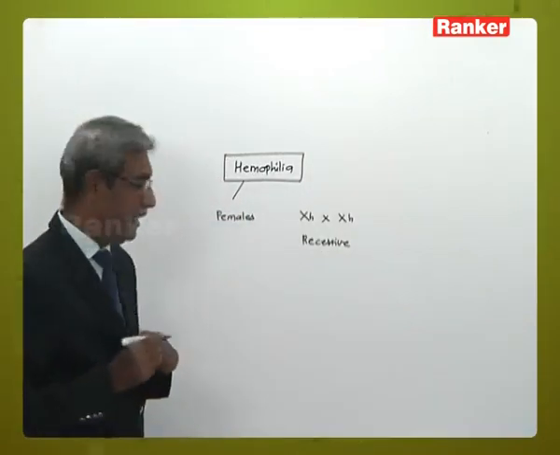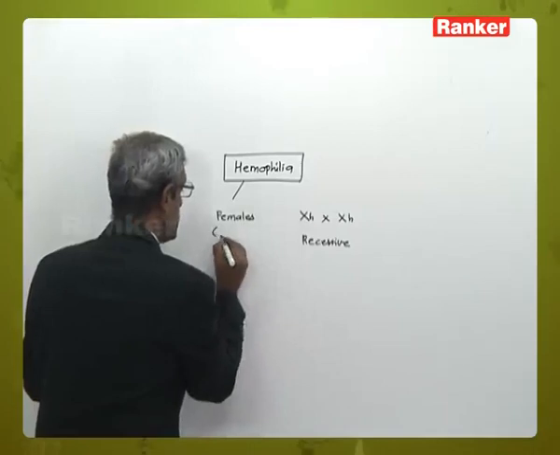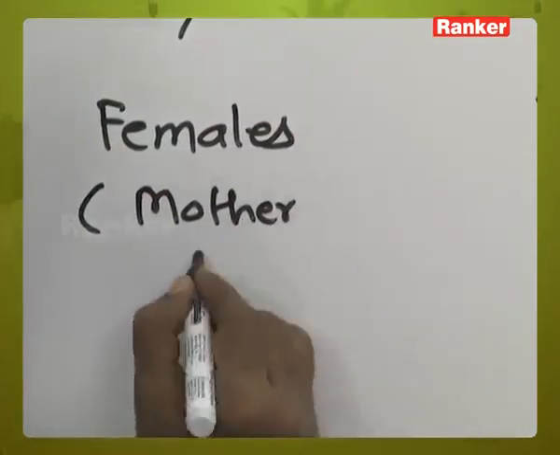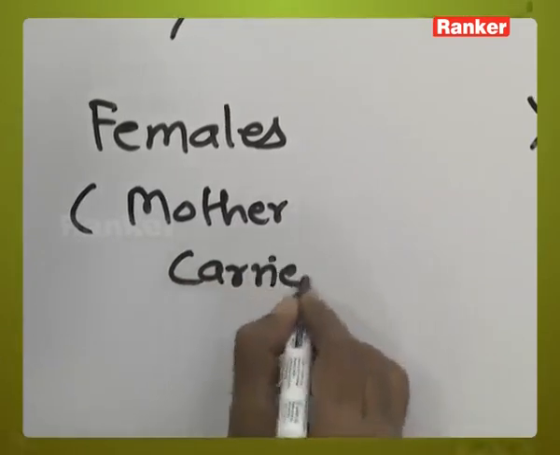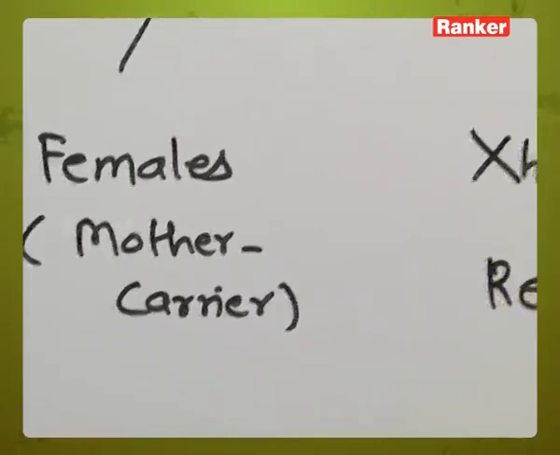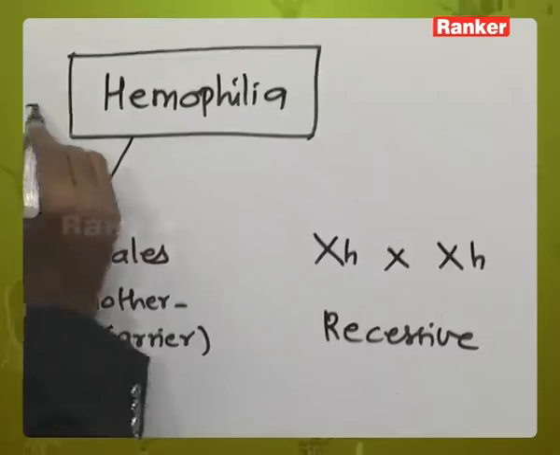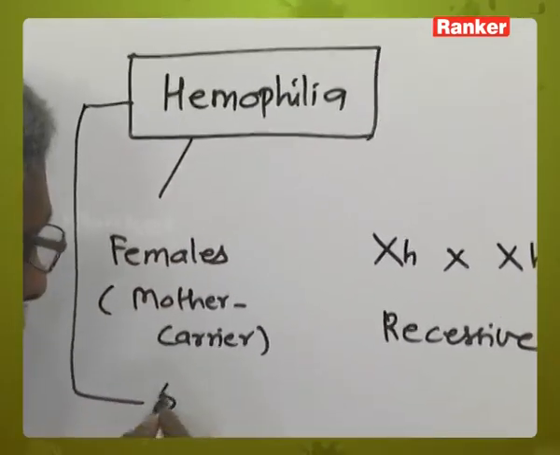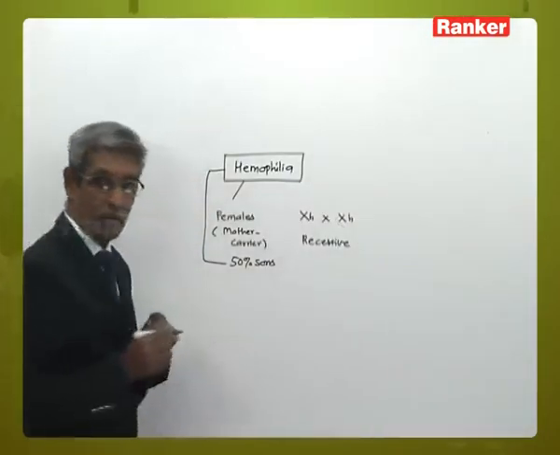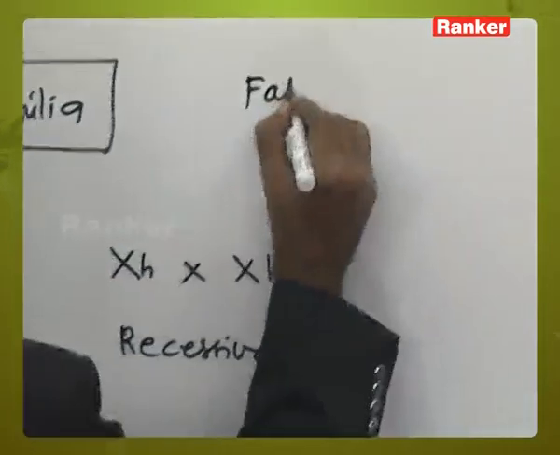In most instances the mother is the carrier. So transmission of hemophilia is 50% to the sons, even if the father is normal.